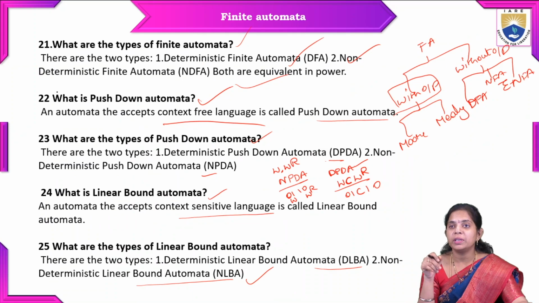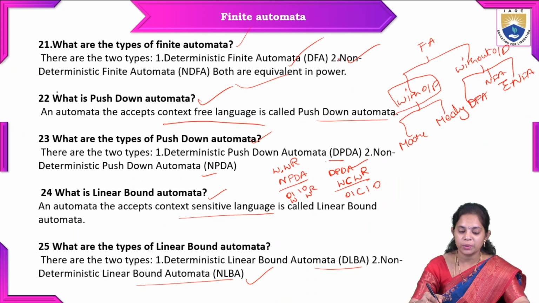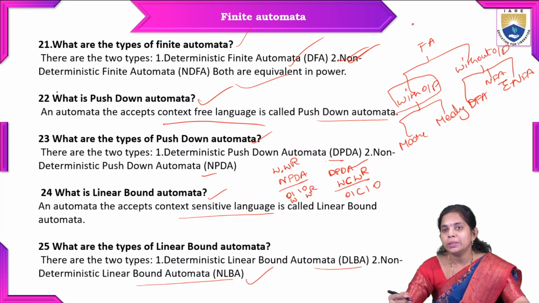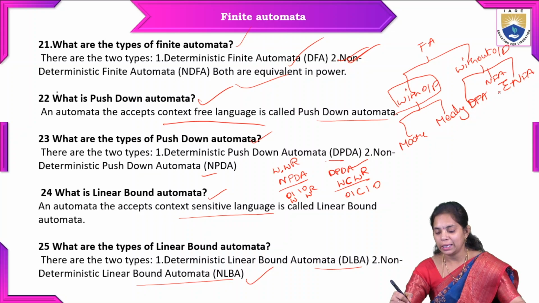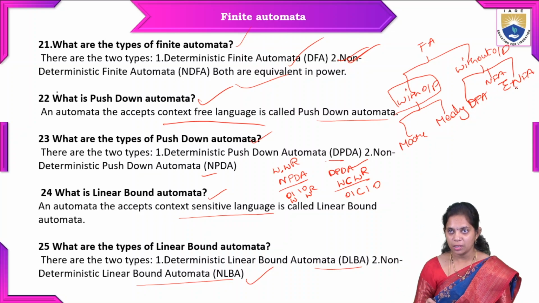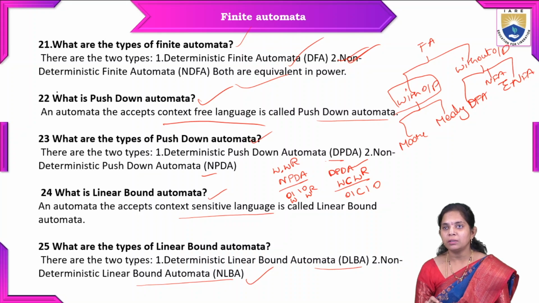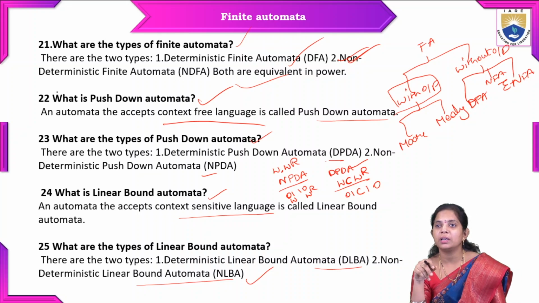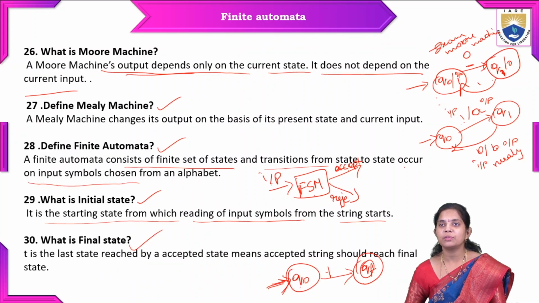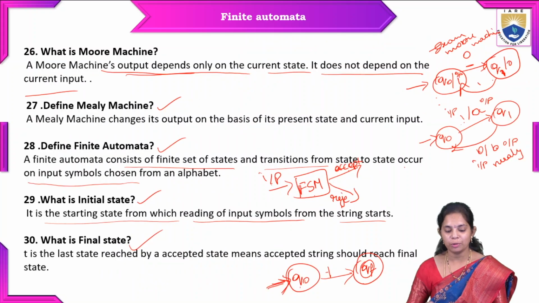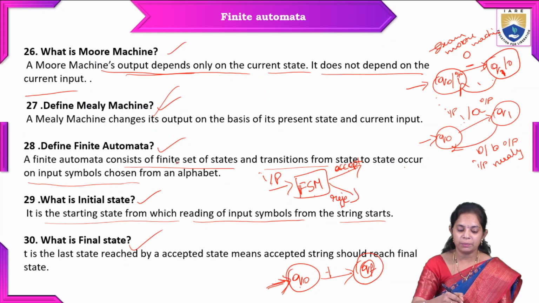And how many types of automata do we have? Finite automata have two types: with output and without output. Without output we have DFA, NFA and epsilon NFA. For every finite automaton, we have different transition functions. And with output, we have the Moore machine and Mealy machine.